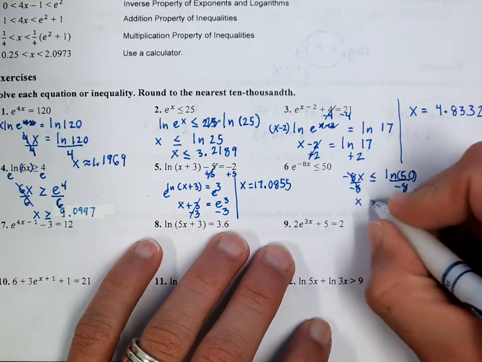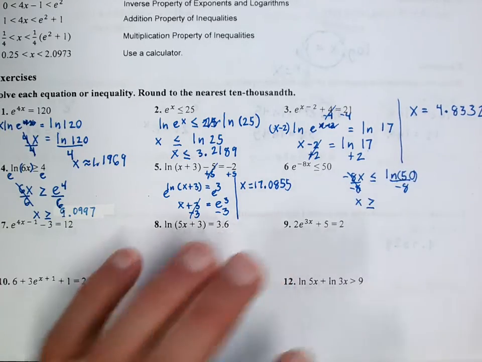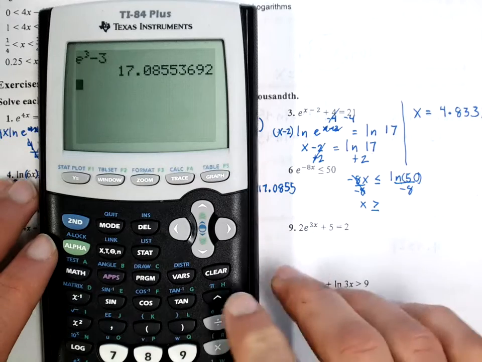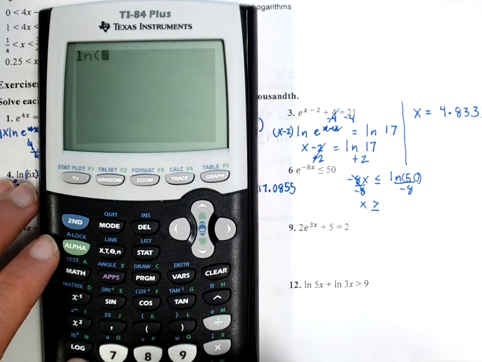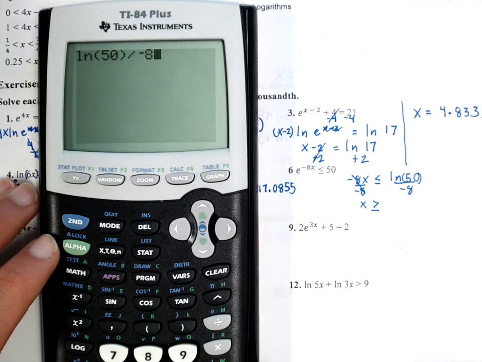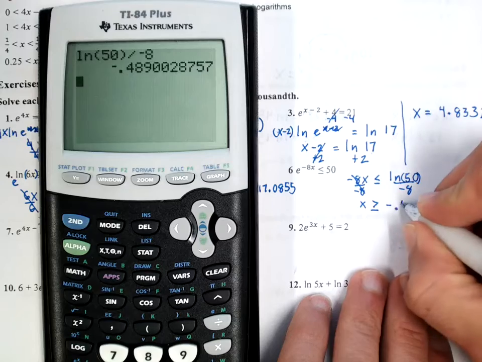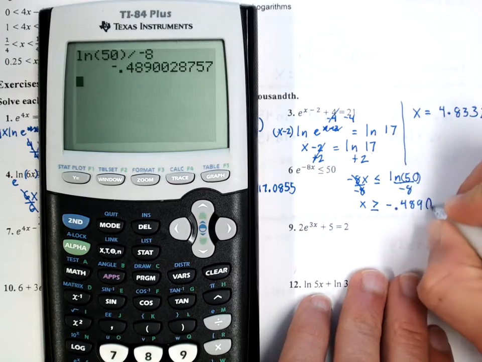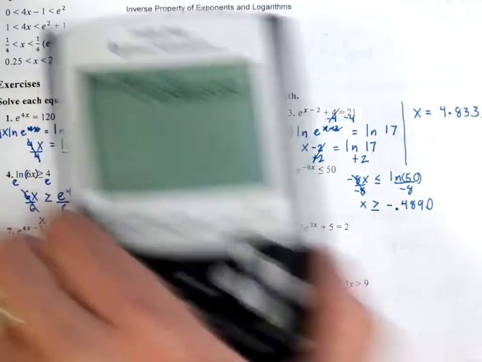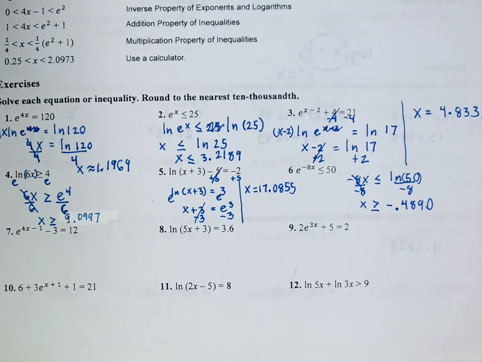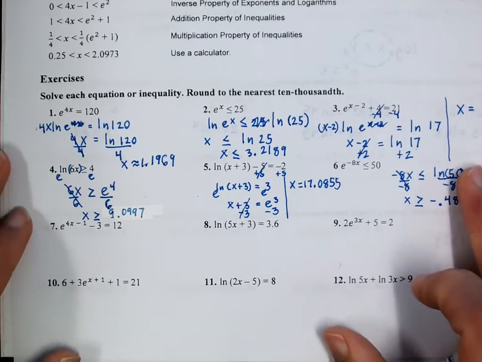So I have x is greater than or equal to whatever the natural log of 50 divided by -8 is. So in this case that's -0.4890. All right, so that's it for that.